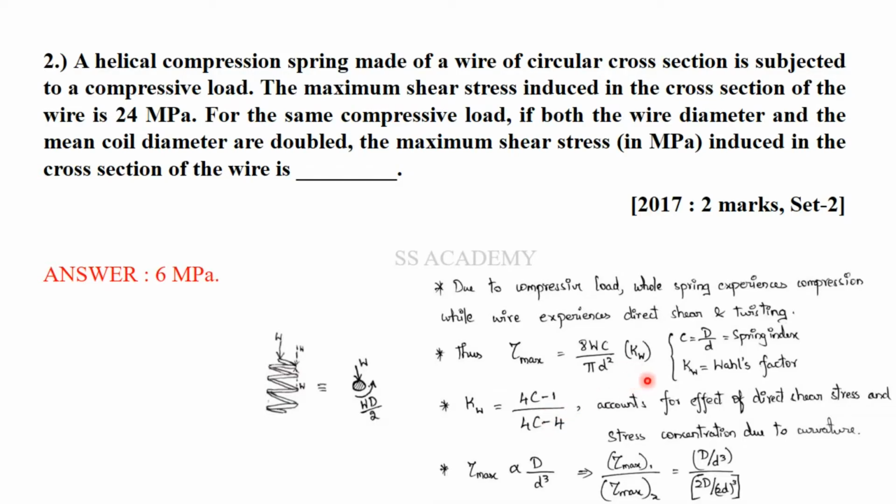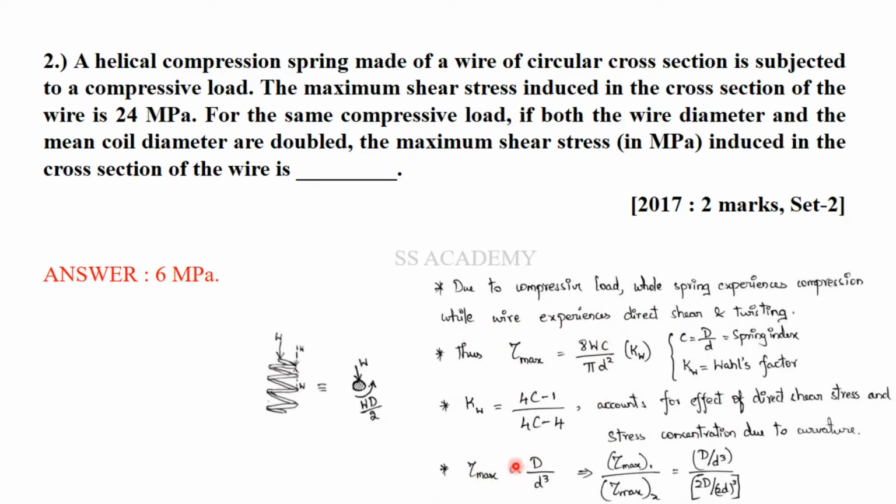For KSH, it can be written as C plus 0.5 divided by C. That also can be written as 1 plus 0.5 by C. If it is C plus 0.5 by C, it is said as C plus 0.5 whole divided by C. But if it is 1 plus 0.5 by C, it is said as 1 plus 0.5 by C. Okay, remember that. That KSH is not required. So I have given KW directly. This is the total, that is, we are considering all the effects and we are finding the maximum shear stress.